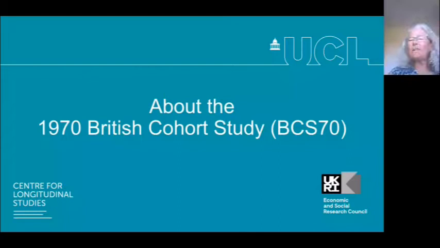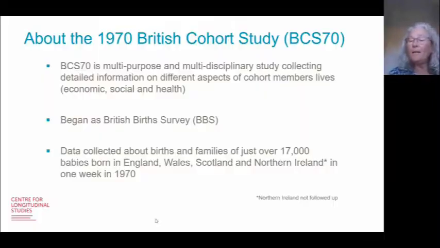So I'm now going to give a brief overview of the 1970 birth cohort study. So BCS 70 is a multi-purpose and multidisciplinary study of babies born in 1 week in 1970. And it collects detailed information on a variety of aspects of cohort members' lives, which we'll run through a bit later, but covers basically economic, social and health aspects.